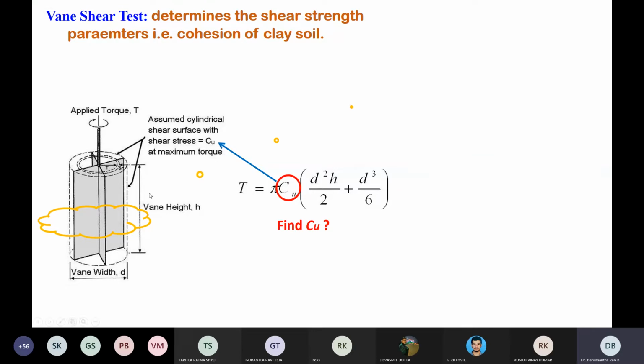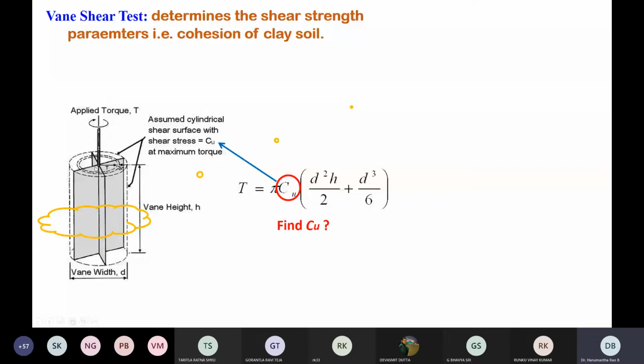If you compare the vane shear with the UCS and UU, in UCS and UU we applied the axial load and confining pressure so that the soil sample fails under shearing condition. But that is an indirect way. The best direct way is to literally shear the soil sample with the help of blades. The vane shear is one of the most widely used field techniques to determine the in situ shear strength of a soil. This is the schematic diagram of a vane blade or vane shear apparatus.